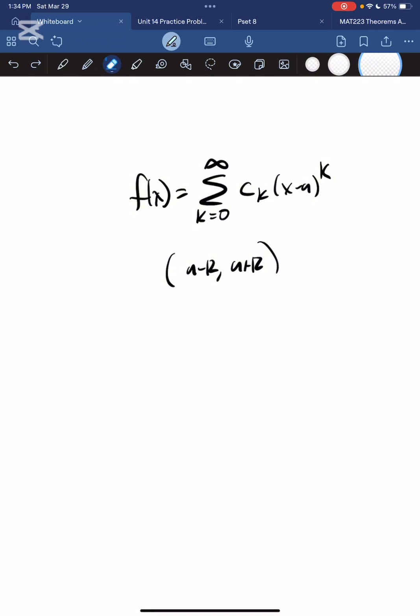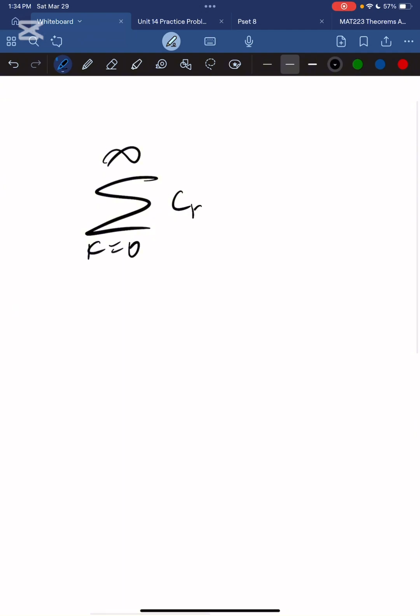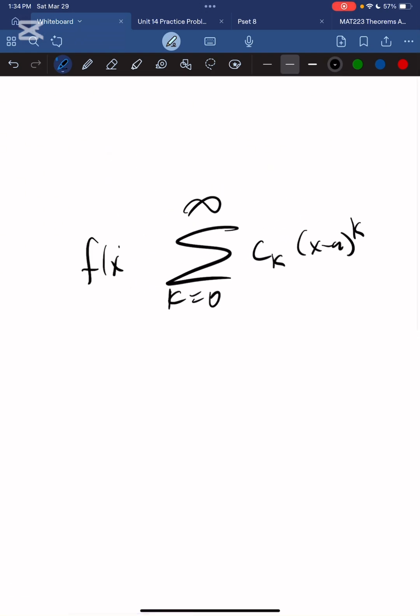And now let's do some examples of applications, because I think this is where it's the most important. To conclude, what did we just cover? We just covered what a power series is. It's just some infinite sum of something that looks like this. And since x is some independent variable, we can represent this with respect to some function.